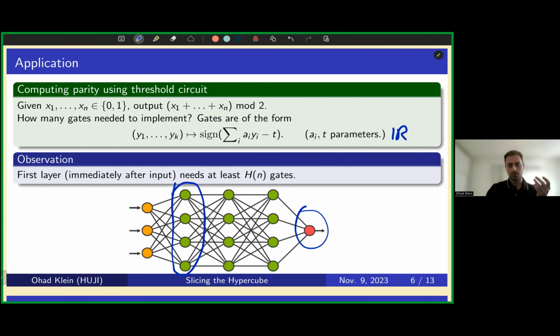However, the parity function on these 2 adjacent points must be different. So this is a contradiction. This means that the size of the first layer of such a threshold circuit computing parity is at least h of n.